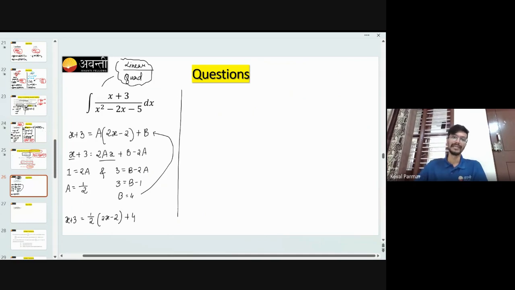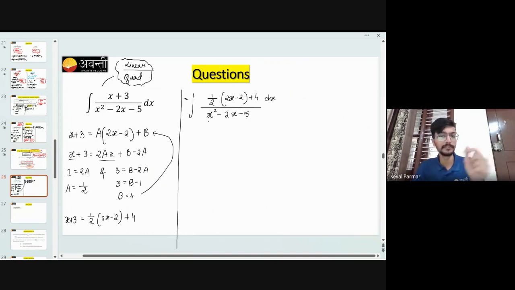Now my integral will look like integration of [half into (2x minus 2) plus 4] upon x square minus 2x minus 5 dx. Please bear with me, this is a very important step.